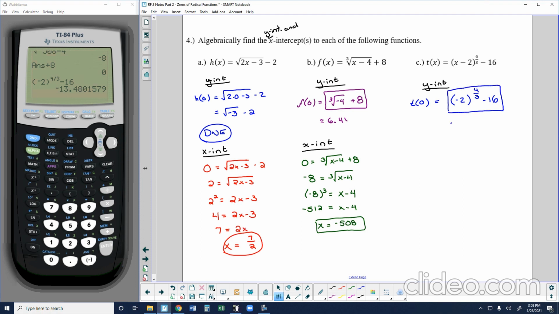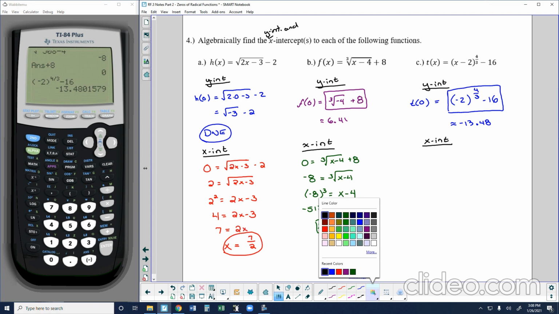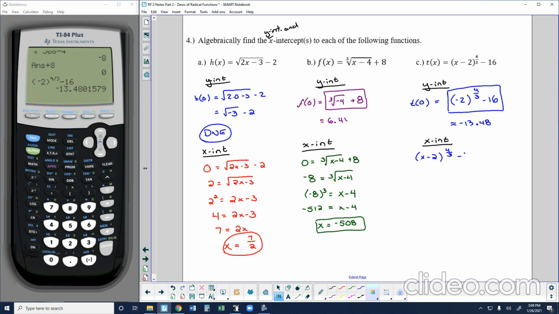If we want to estimate that, that'd be approximately negative 13.48. Now, the x-intercept. If I find the x-intercept, I'm going to have x minus 2 to the 4/3 power minus 16 equals 0.